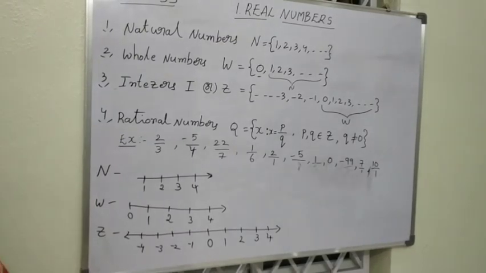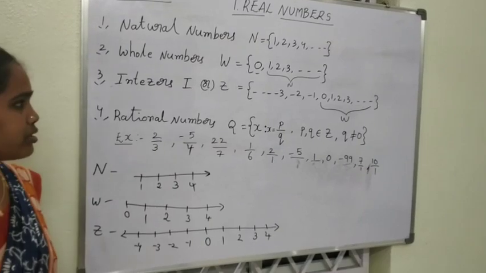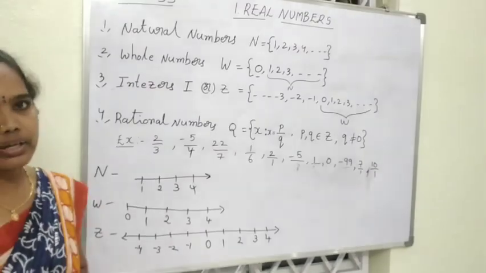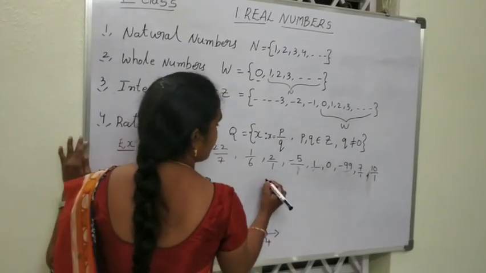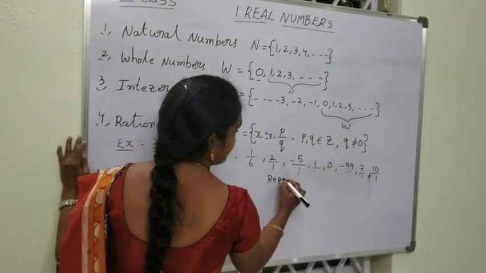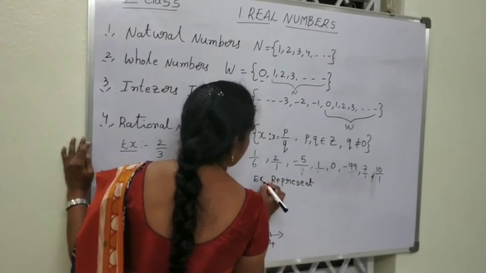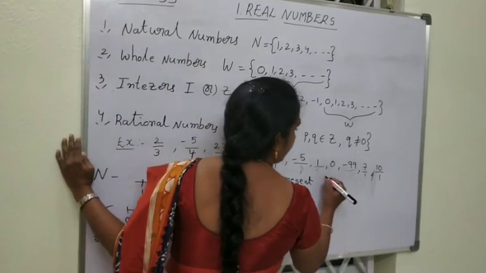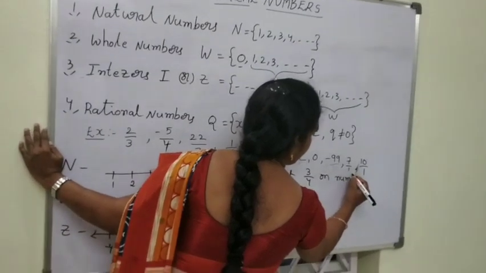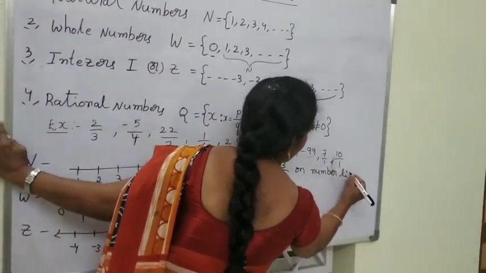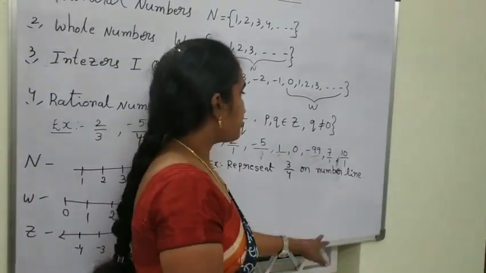Come to rational numbers. Rational numbers, how to represent on the number line? Let us take one example. Suppose, represent 3 by 4 on the number line.